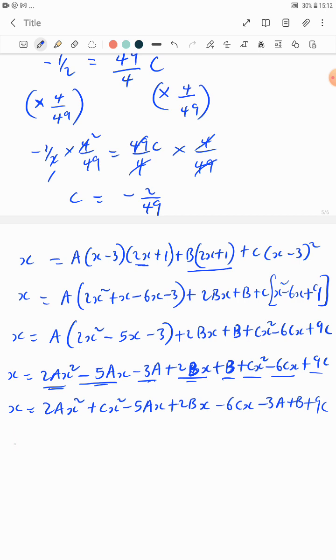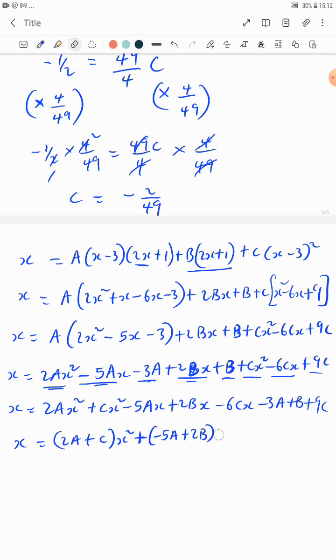Now I can say I have x squared times 2a plus c. I factor out my x squared. Of course, so that you don't make a mistake, you can just say plus, what you have in here is minus 5a plus 2b. That's not bad. Then you have only x. Okay, and here you can say you have plus, I think we have left out something.